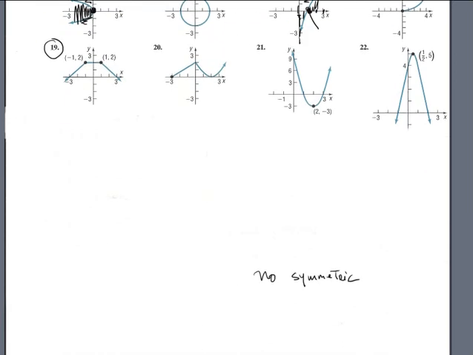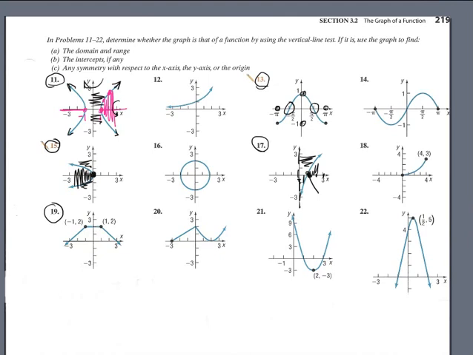19. The domain is, let's see, well, we see the arrow here. You see the arrow and arrow.